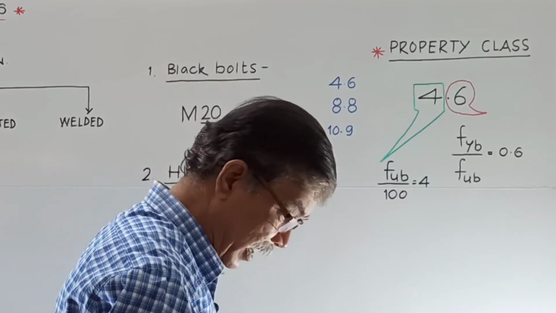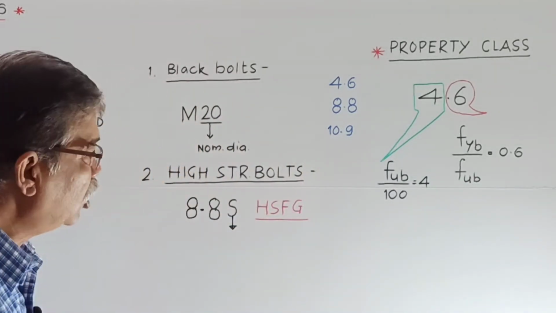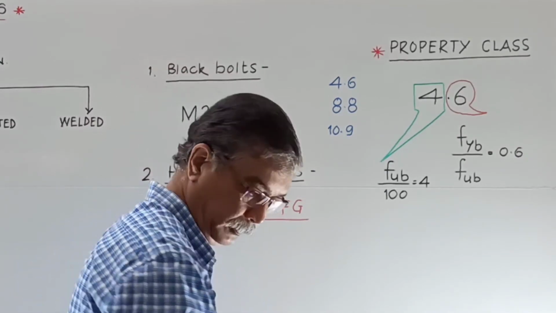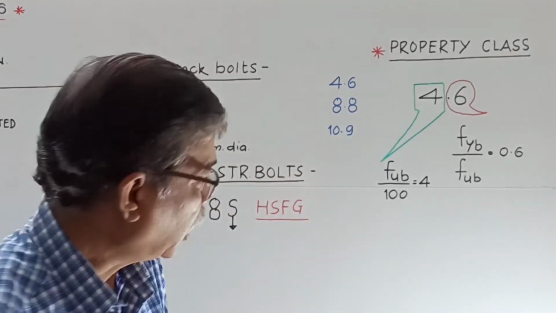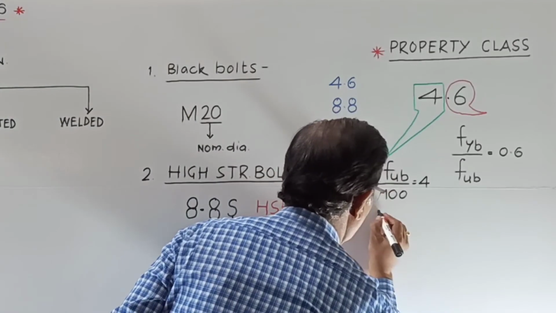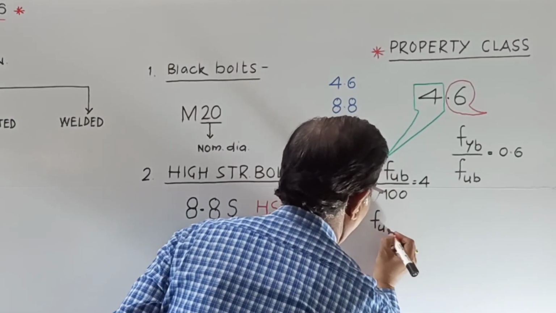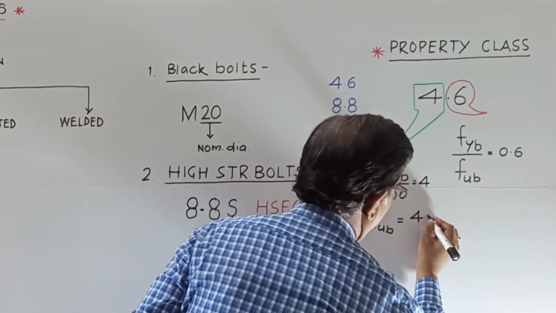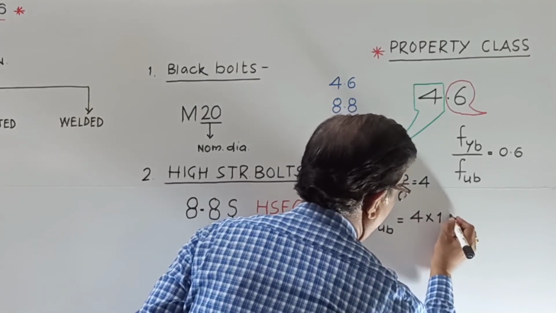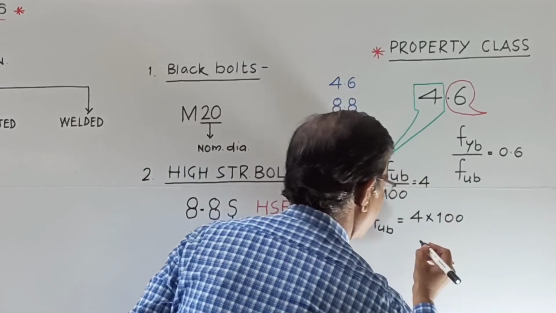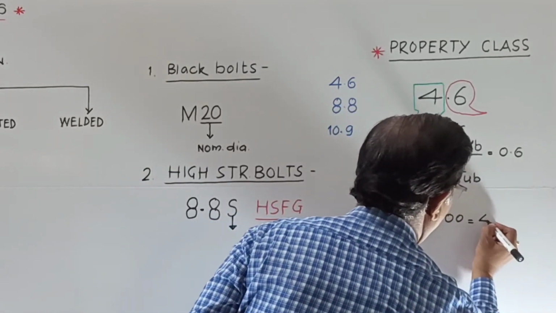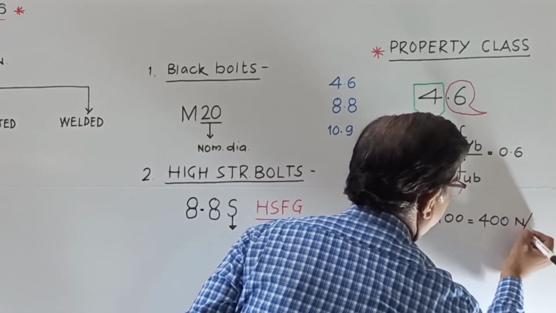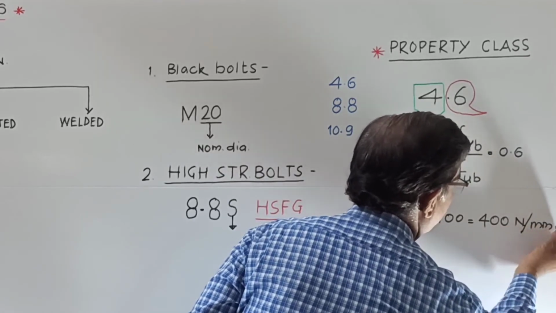Therefore, for bolts of property class 4.6, the ultimate tensile strength will be 4 into 100, that is 400 Newton per mm square.